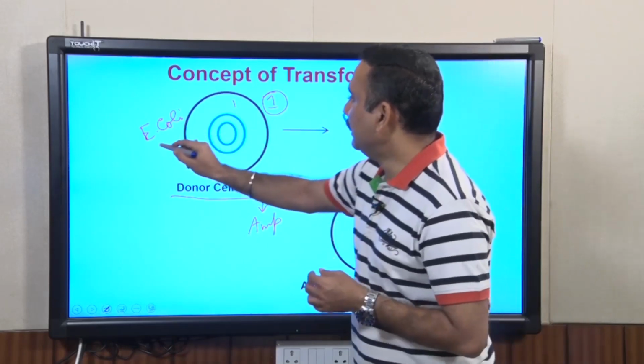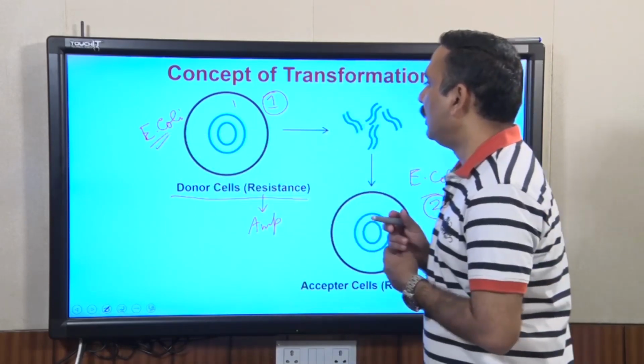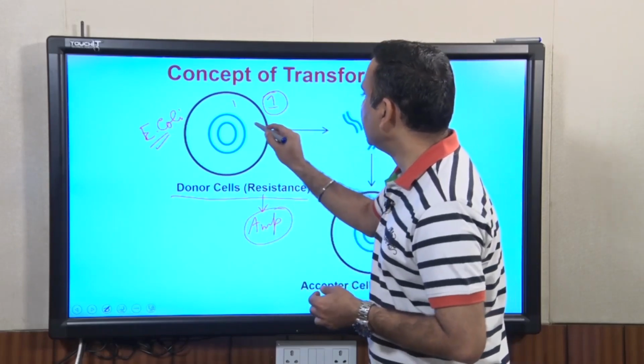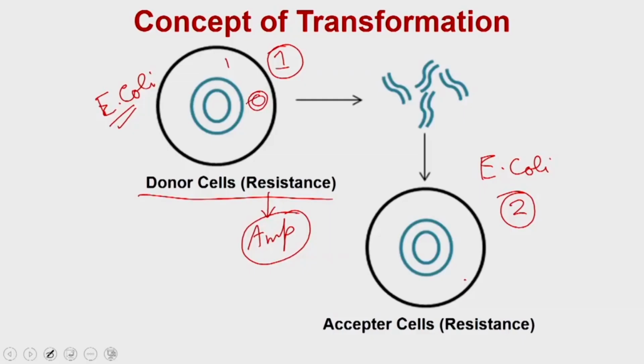So, you can imagine that you have two bacteria, one is E. coli which is resistant to ampicillin, and this ampicillin resistance could be because it has a plasmid carrying the ampicillin resistance gene. What will happen is this plasmid is thrown into the environment, and then it is taken up by the acceptor cell, although the mechanism is not known.